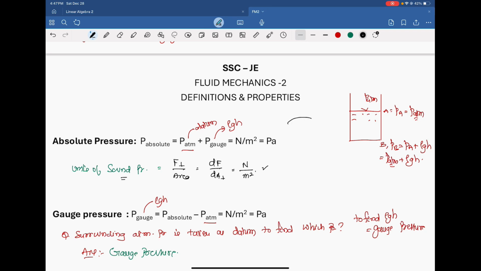This is the Earth's surface. This is the height or altitude. As height increases, P atmosphere decreases. Please remember this. Atmospheric pressure decreases.